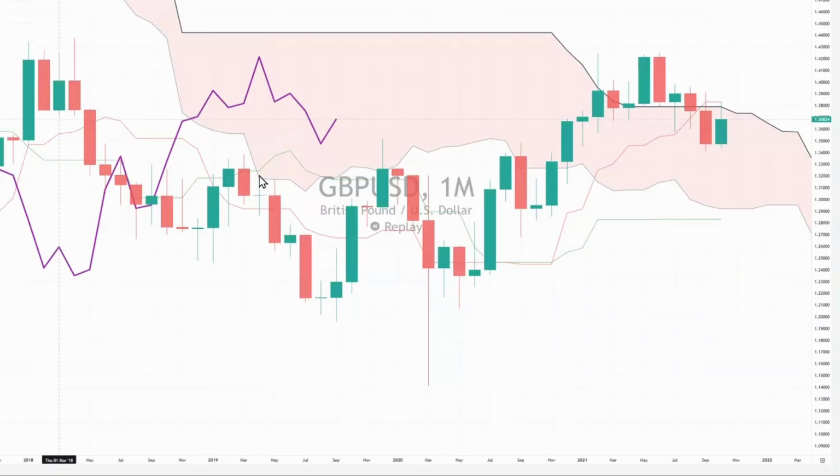It's above this gray line here, which is Senkou A. However, it's below Senkou B, which is not good at all. So this is not a good momentum trade in my eyes. Even though this broke above the cloud, you still don't have a complete strong bullish momentum trade. So I would walk away from this.